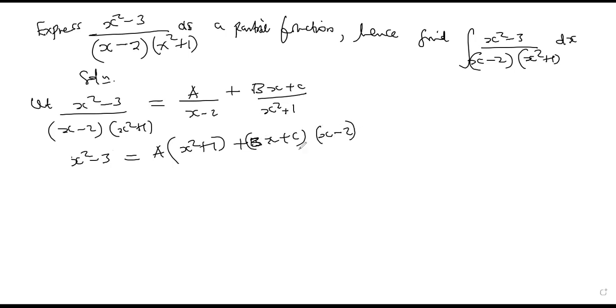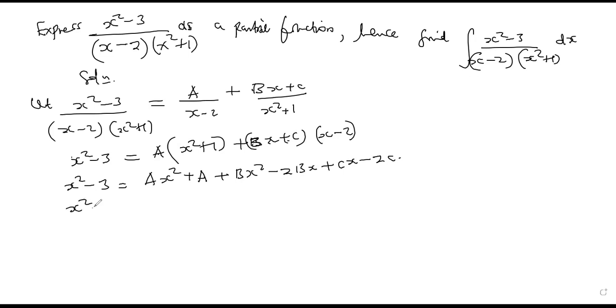times x minus 2. So the main thing here, if you don't want to spend time substituting, you can expand so that you have x squared, a, plus bx squared, minus 2bx, plus cx, minus 2c.